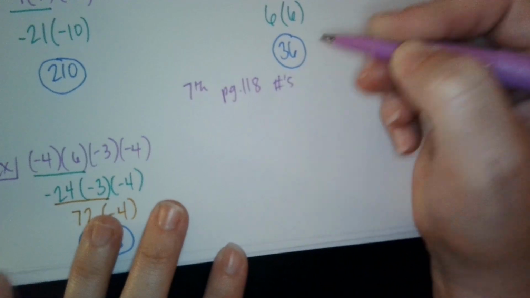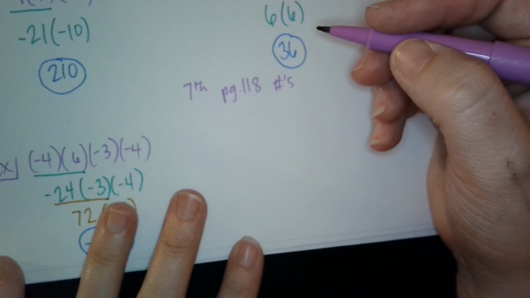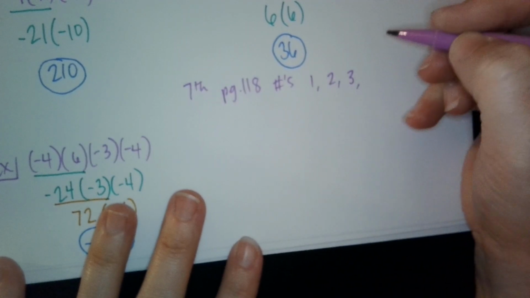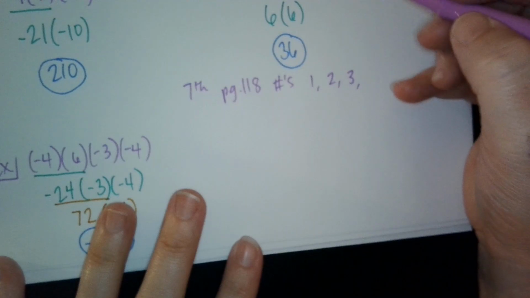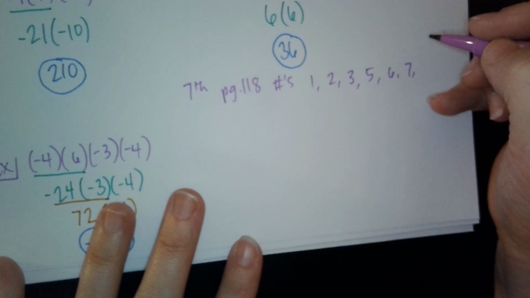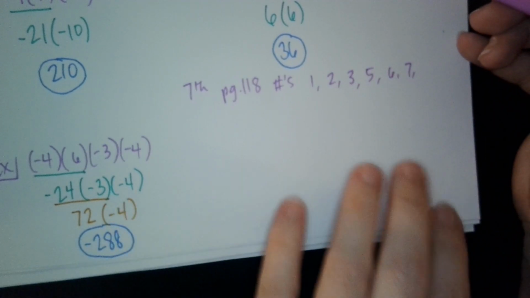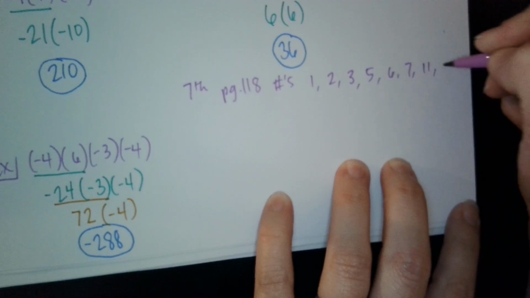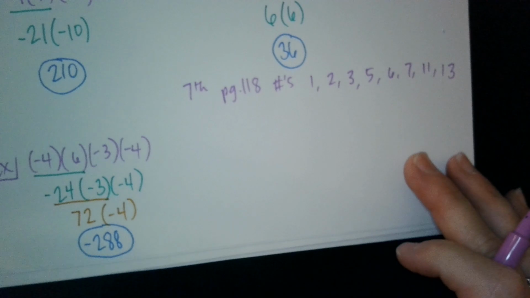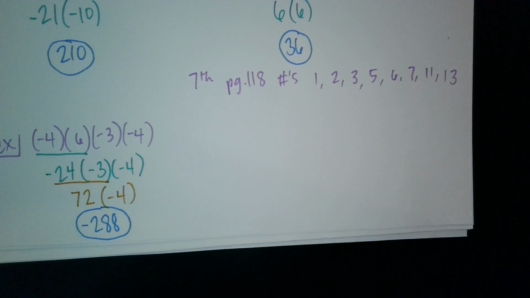And it's these numbers that you are going to set up in boxes: 1, 2, 3, 5, 6, 7, and 1, 2, 3, 4, 5, 6, 11, 13. That's 7th grade. And then 8th grade.